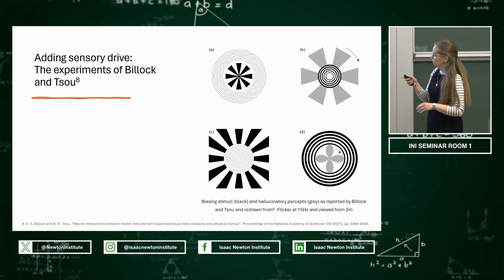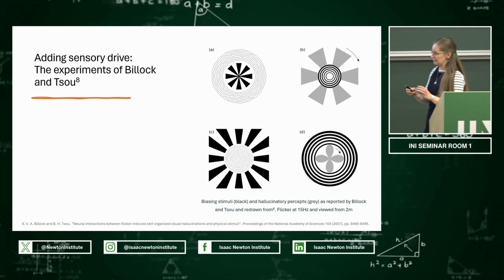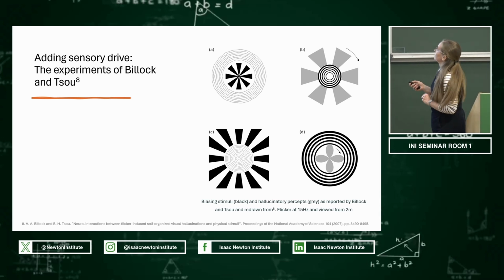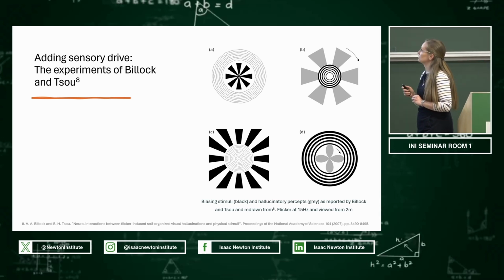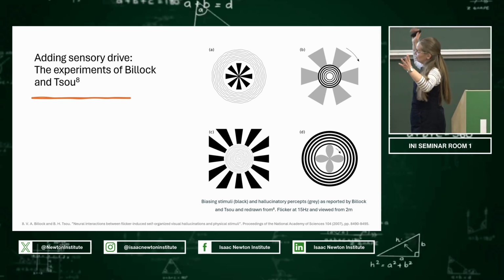And what they thought was that the participants would perceive that seed pattern spreading out to fill the whole of the visual field. Okay, so they showed these little fans, or these little circles. So that's the black, is what they showed. And what they thought would happen was they fill out.